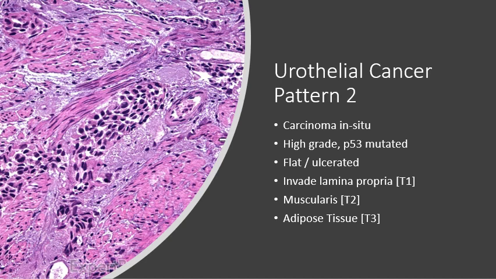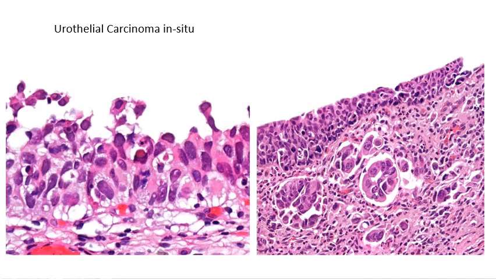So you can see on the image there islands of tumour infiltrating between bundles of detrusor muscle. So in the muscularis layer, these tumours have good access to lymphatic spaces, and so it's usually not till bladder tumours invade into the muscle layer that they develop metastatic potential.